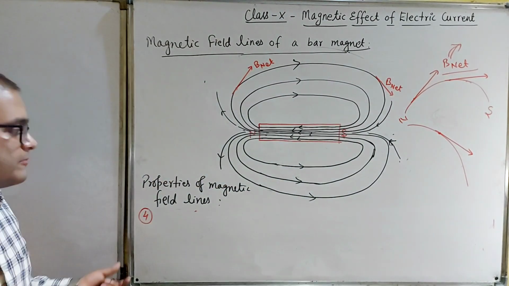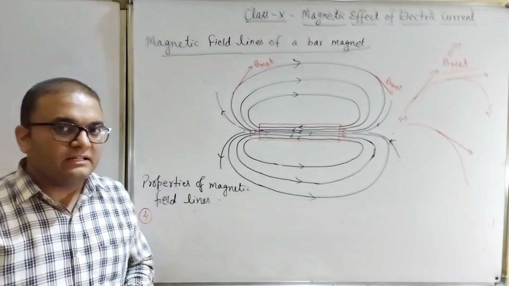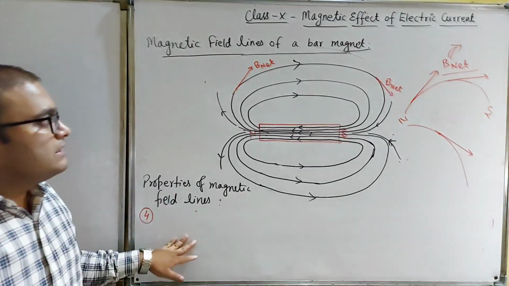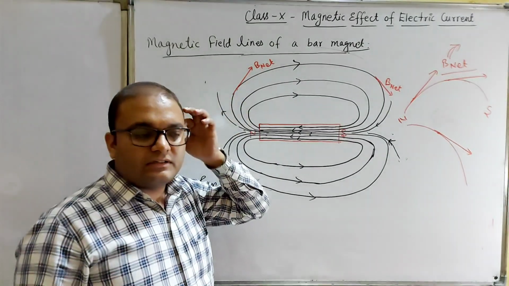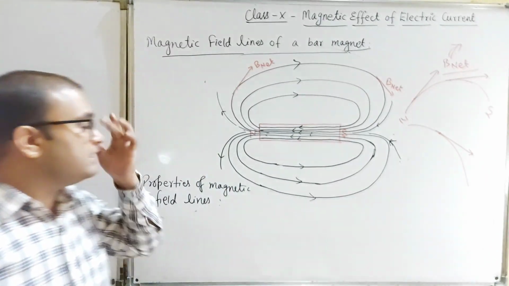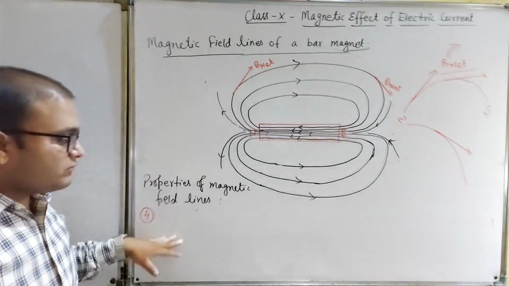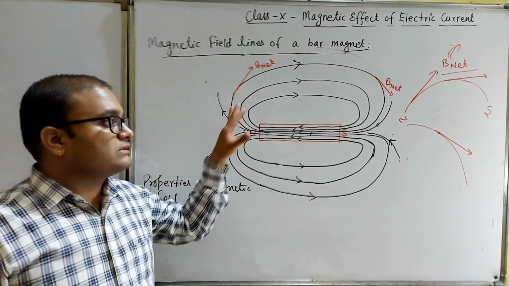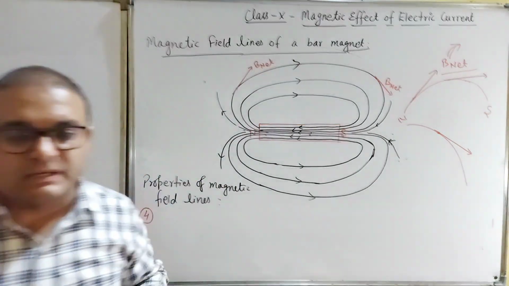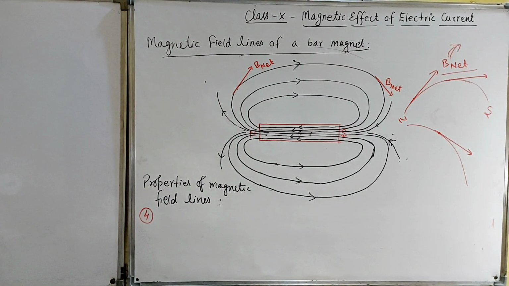So what is the next property? The next property of magnetic field lines is that if we draw a tangent at any point on a magnetic field line, then this gives the direction of the net magnetic field. So I am writing this property here.